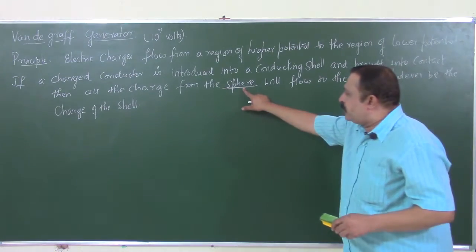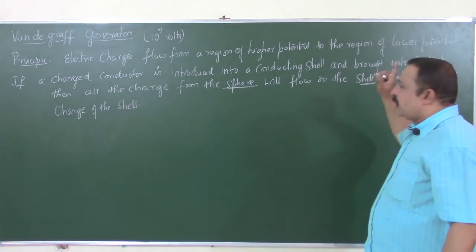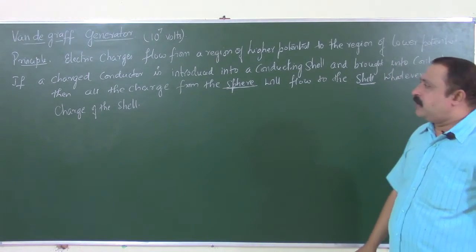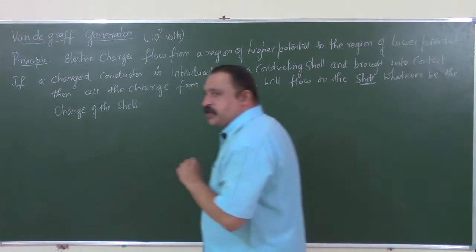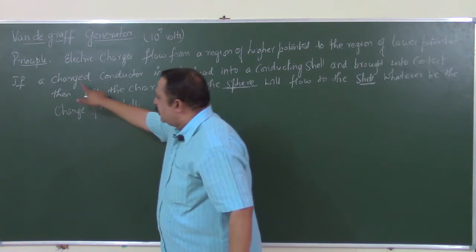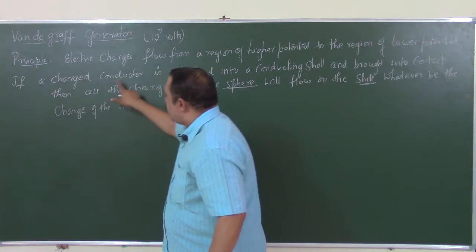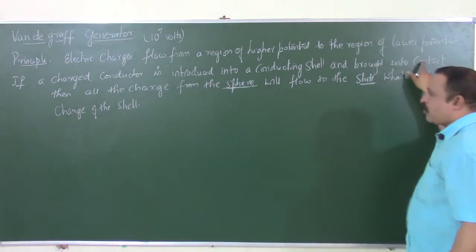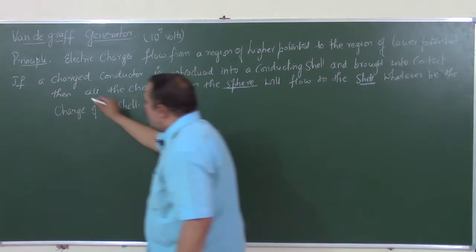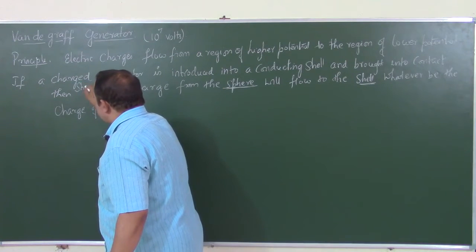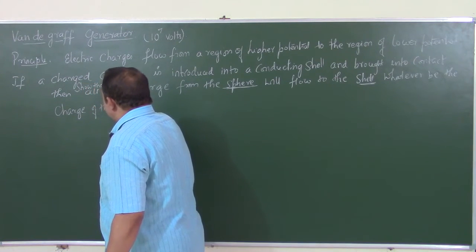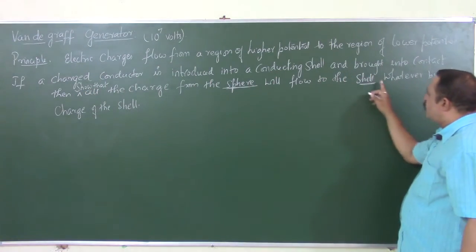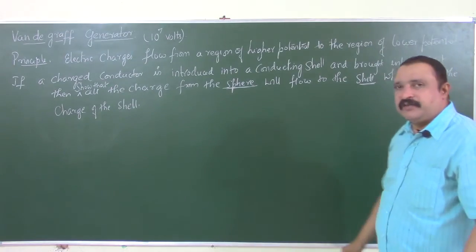In the examination, you may have a question like this: if a charged conductor is introduced into a conducting shell and brought into contact, then show that all the charge from the sphere will flow to the shell, whatever be the charge of the shell.